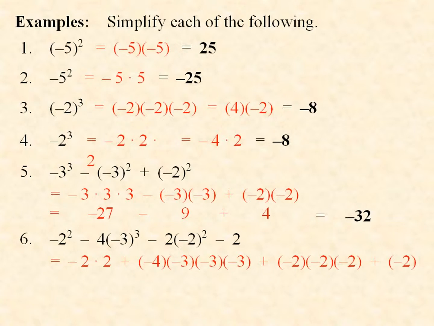The third term, we're adding negative 2 times negative 2 to the second power. And the last term, we're adding negative 2. Now if we do each term, we have negative 4 plus positive 108 plus negative 8 plus negative 2. And that gives us 94.